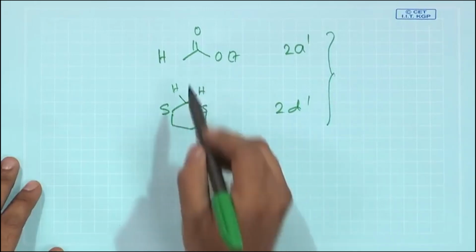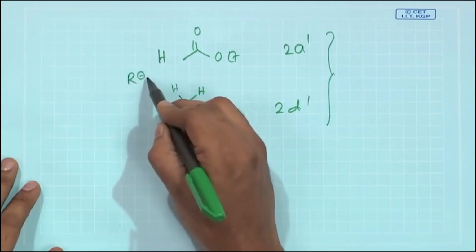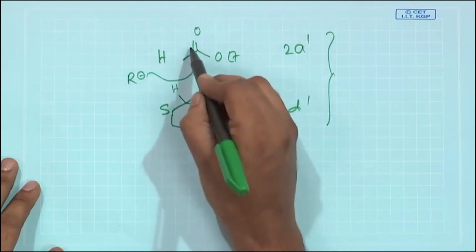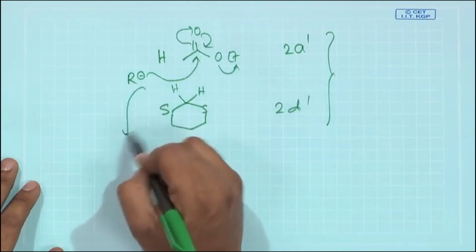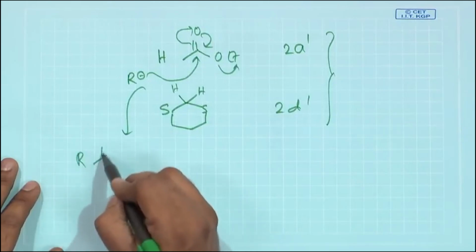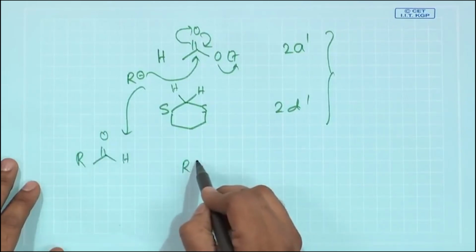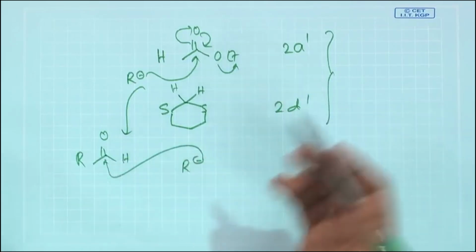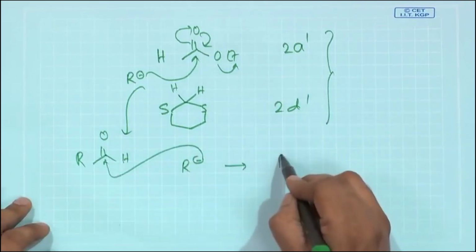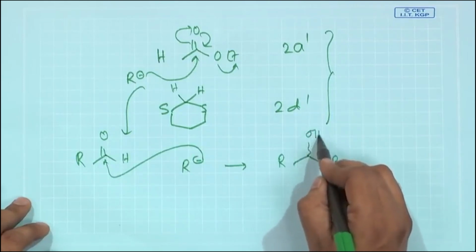Ethyl formate you can react with a nucleophilic species this way, and it will basically give you RCHO. Now another equivalent of Grignard or any nucleophilic species comes here, and you can finally get the corresponding alcohol.